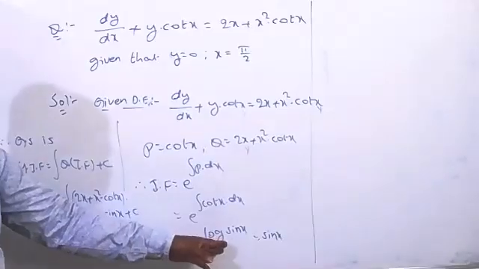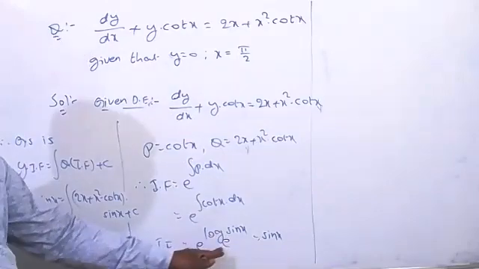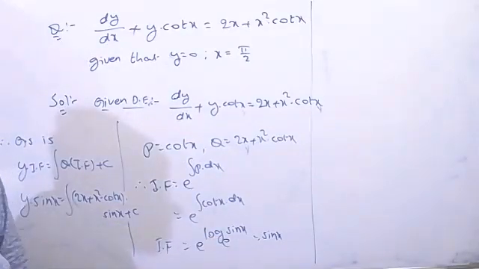Sir, I didn't understand e to the power log sin x equal to sin x. What is the base here? E, the two bases will be equal, so what do you get? Sin x only, no? By the property.